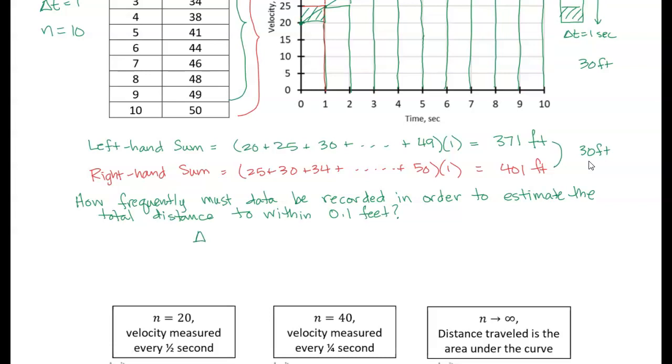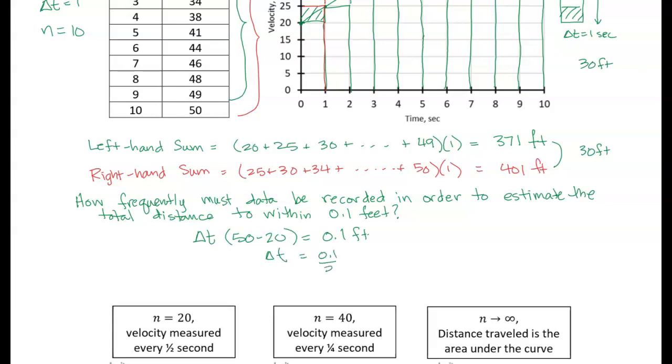Basically, we're going to take our delta t, whatever the sampling frequency is, times the difference between the upper and lower values of the function, and we want that to be 0.1 feet, right? So we can find delta t just by dividing both sides by 30.